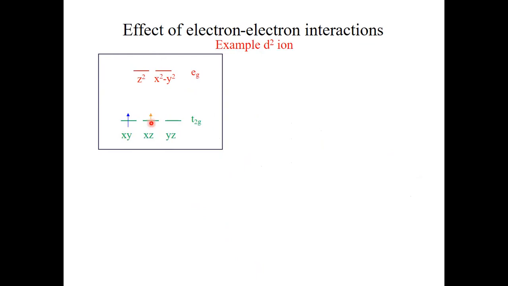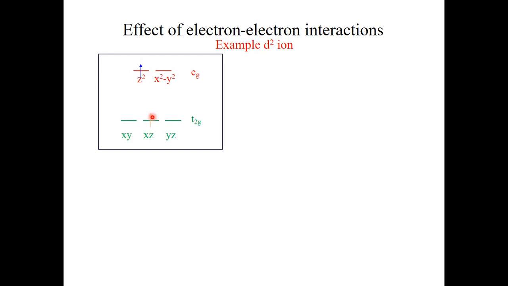Now we can, for instance, promote the electron from the dxy into the dz square orbital. That would create another microstate in which one electron is in the dz square orbital and another electron is in the dxz orbital.